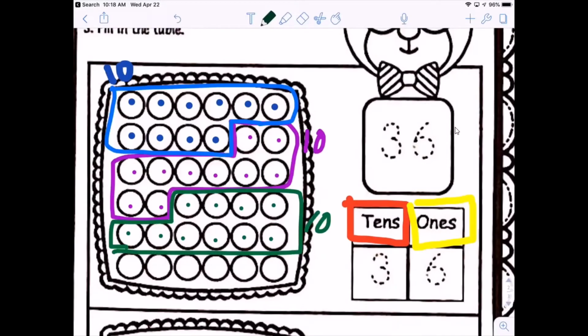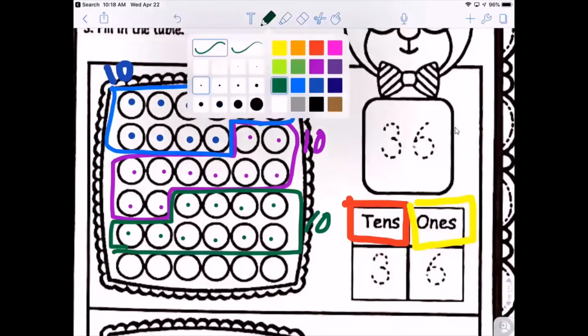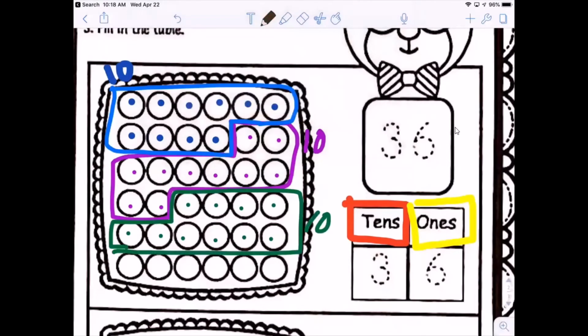Okay, and now I'm going to count and see if I could still make another group of 10, or that's it. 1, 2, 3, 4, 5, 6. So I just write 6. That way I remember there's 6 there. Okay.